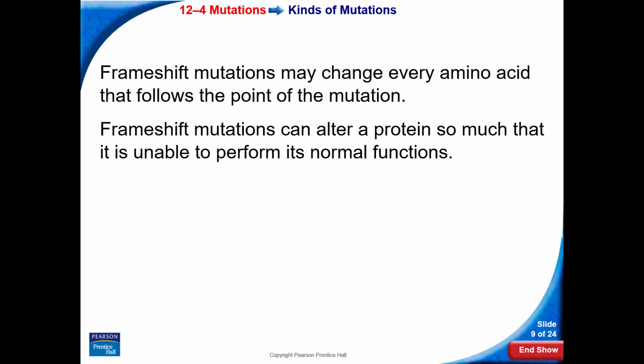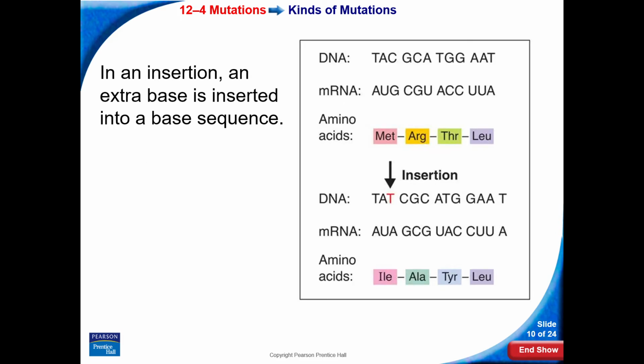Maybe it's a toxic substance to the cell. Well, if that enzyme is not working, it's not breaking down that toxic substance, and then that toxic substance will build up inside the cell, and it will cause damage to the cell. So the protein that's going to be produced is not going to be the same as it was before.